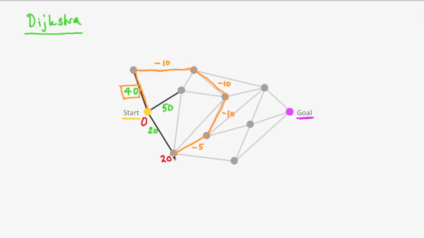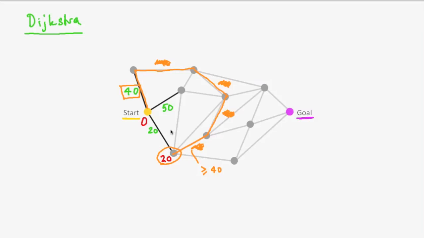So it would be possible to discover a path later on with a smaller cost than 20. But if negative edge weights are not allowed, then the total cost along this path would be larger or equal to 40. And so the trick is, once we pick this node here, which has the minimum cost among all nodes that I can reach from start, I know its final cost. And so I never have to look again at the cost of this node.